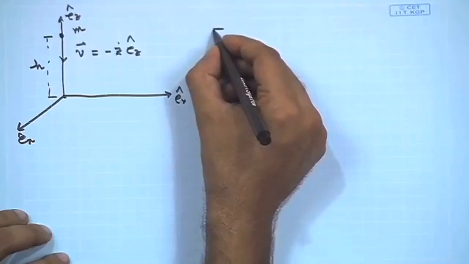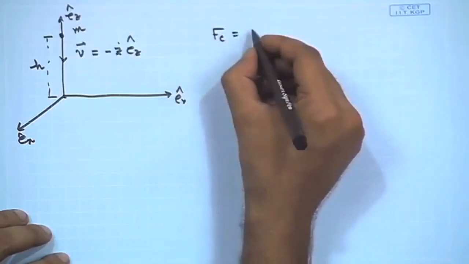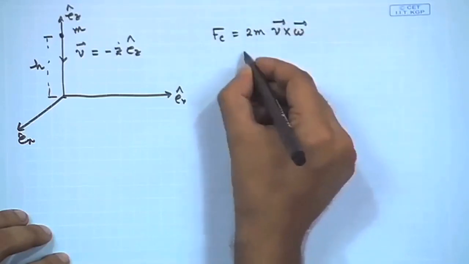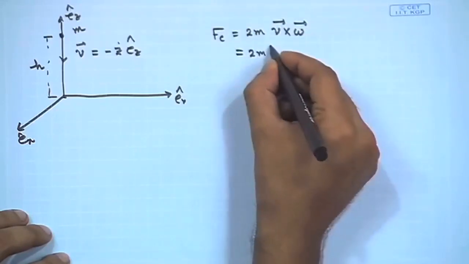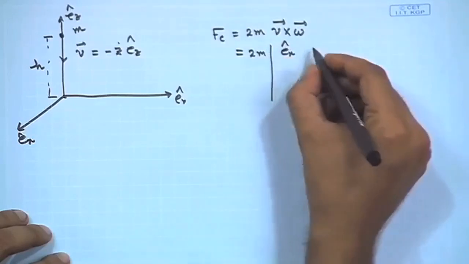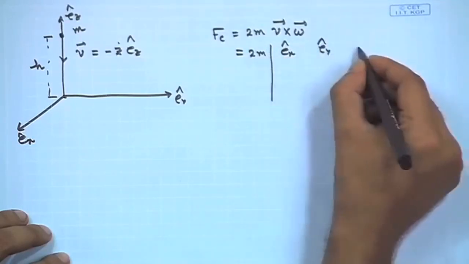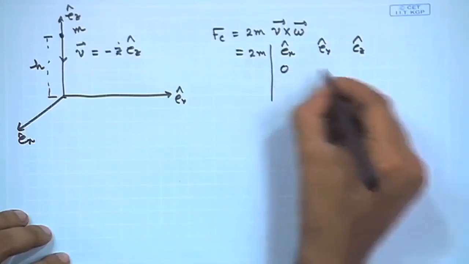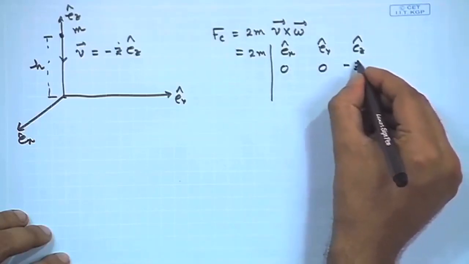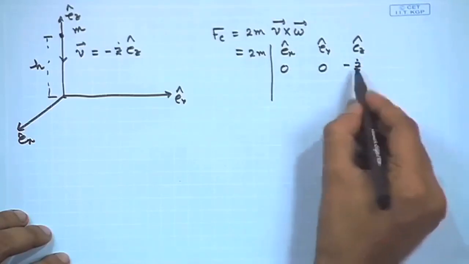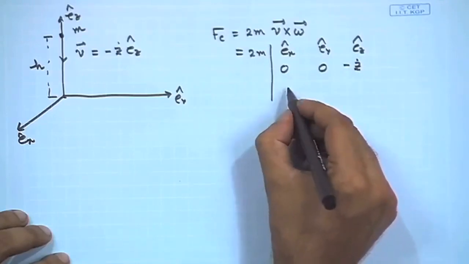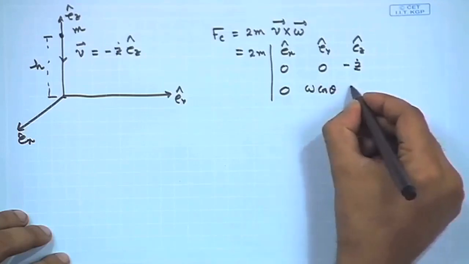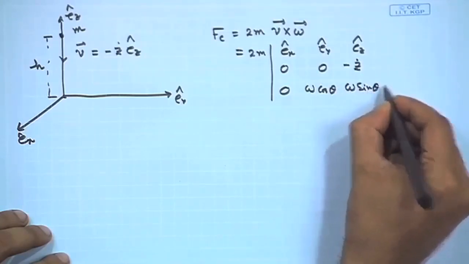So, the Coriolis force F c will be 2m v cross omega, which is given by the determinant with Ex cap, Ey cap, Ez cap, then 0, 0, minus z dot, and 0, omega cos theta, omega sin theta.